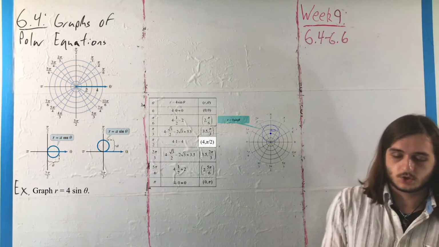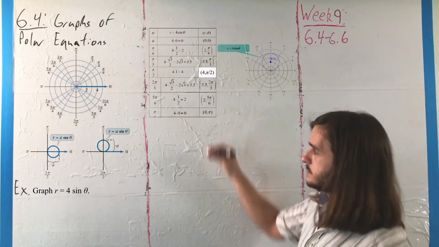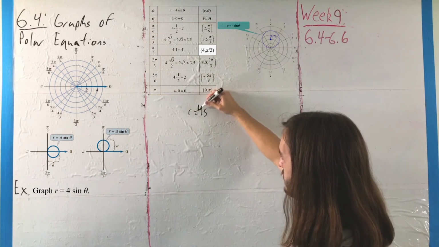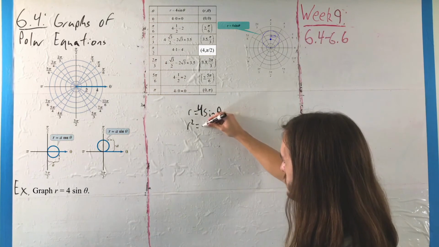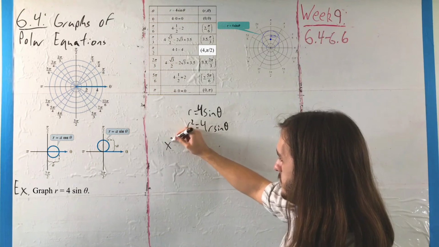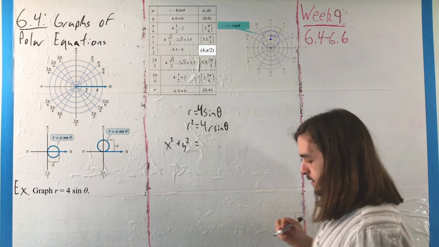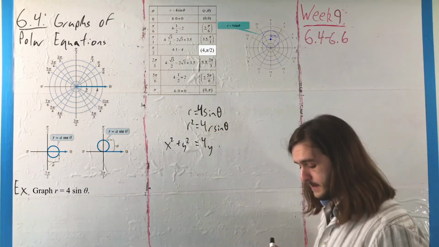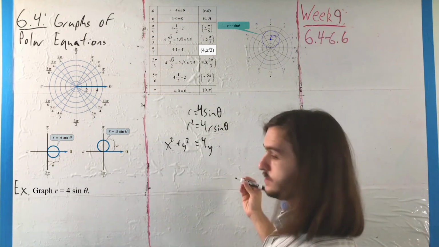Or the other way we can understand that this is what we should get, that we should get a circle like this, is thinking back in terms of rectangular coordinates. That is, if we have the equation r equals 4 sine of theta, we can multiply both sides by r, get r squared equals 4r sine theta. R squared is equal to x squared plus y squared, and 4r sine of theta is going to be equal to 4y. Then we subtract over that 4y and are going to complete the square.